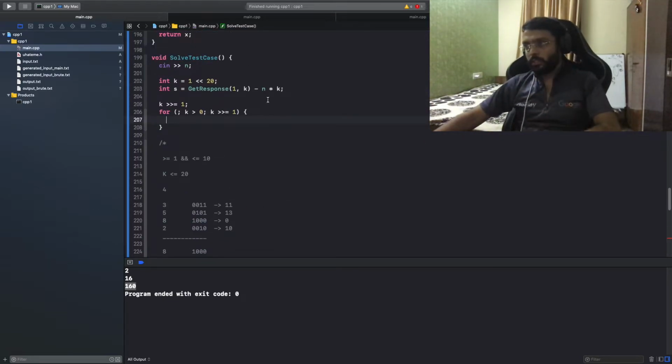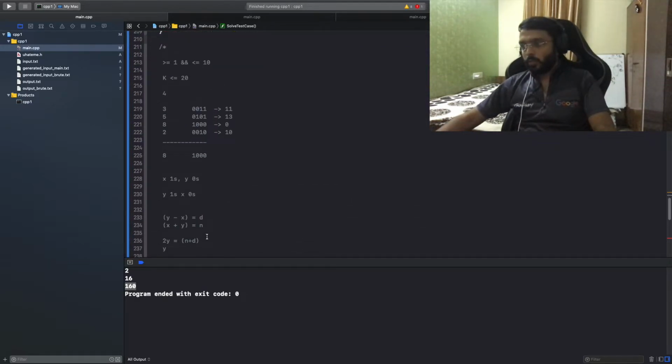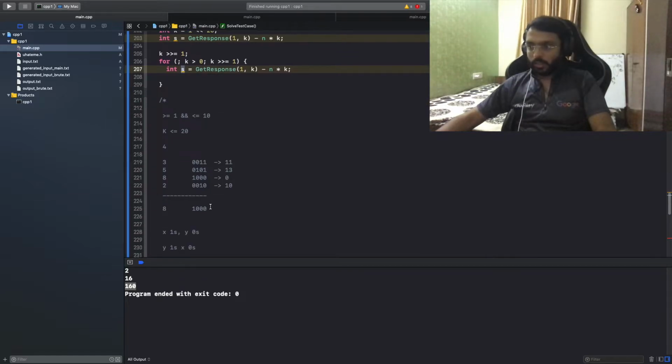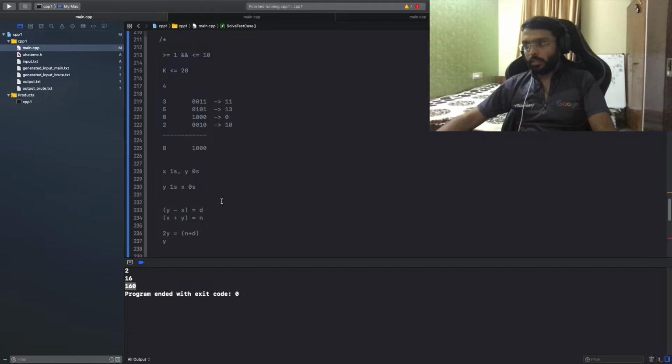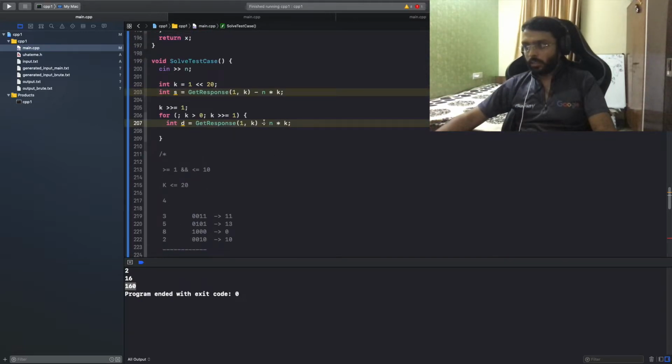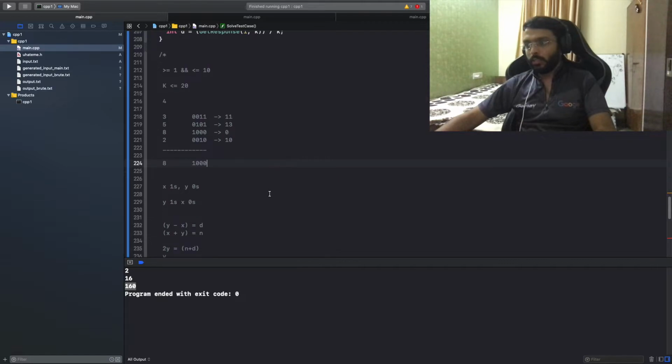What I will do is I will get response first. So what value is this? Let's call it d. So d will be whatever response I got divided by k. So this is the d which I got.